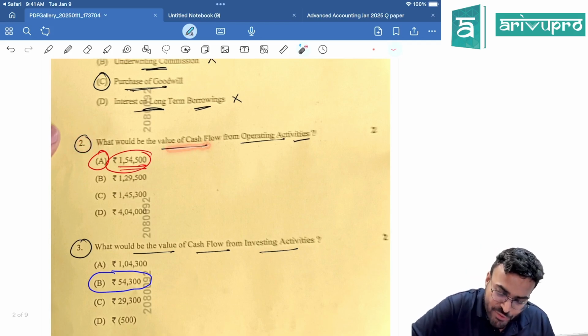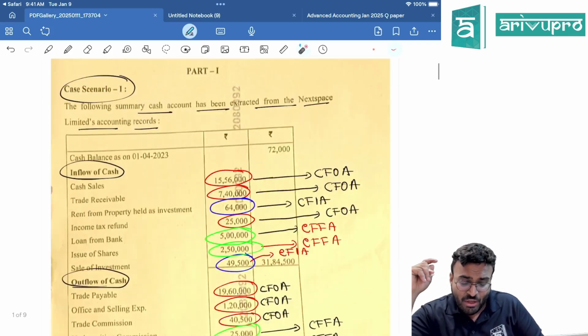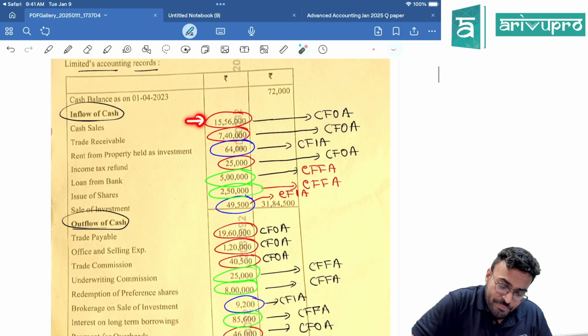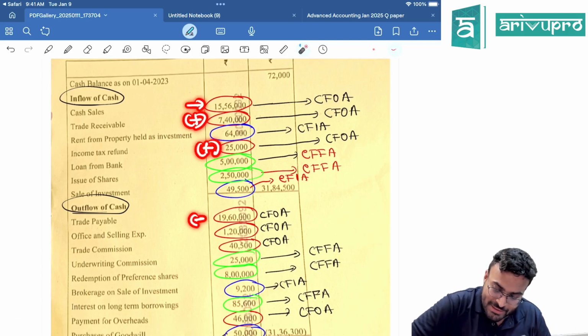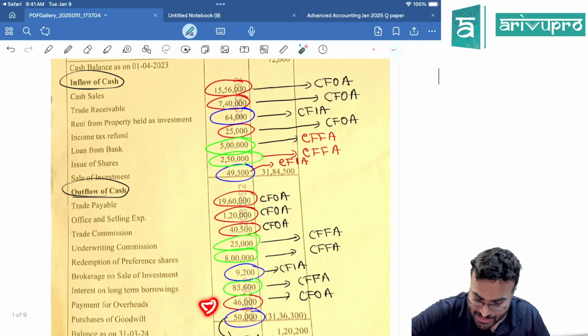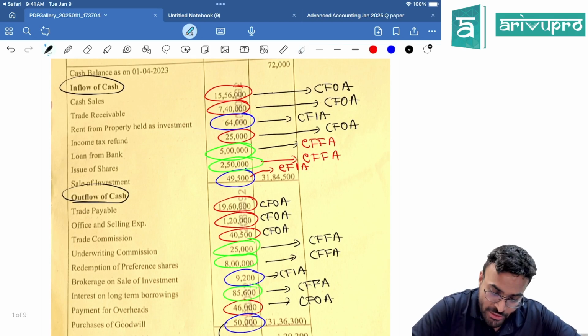What would be the cash flow from operating activity? Okay, we have already solved this. Cash flow from operating activity. You can see over here, this plus this plus this minus these things and minus, that time you will get your cash flow from operating activity. Again, I'm going to tell you guys.